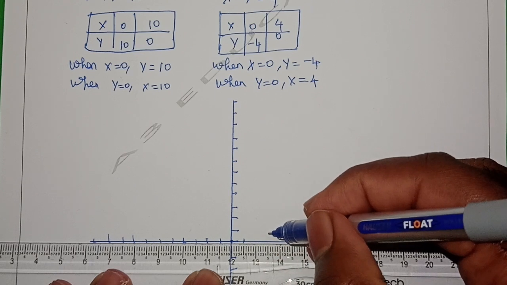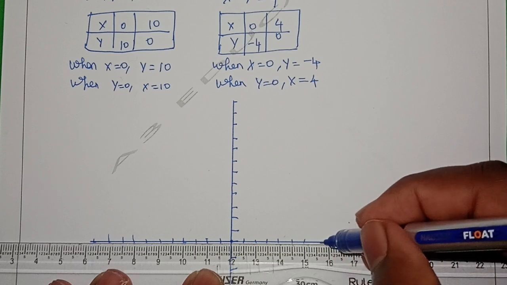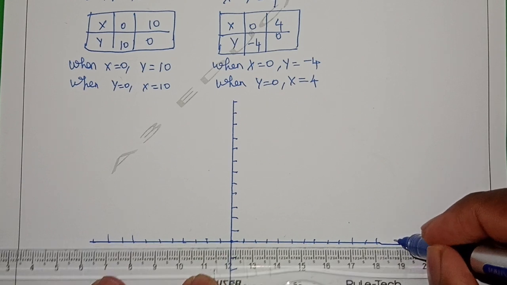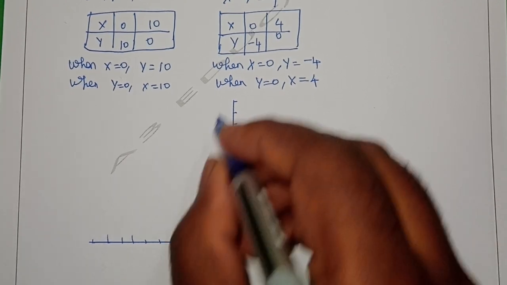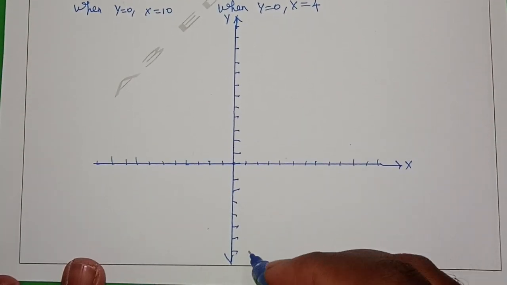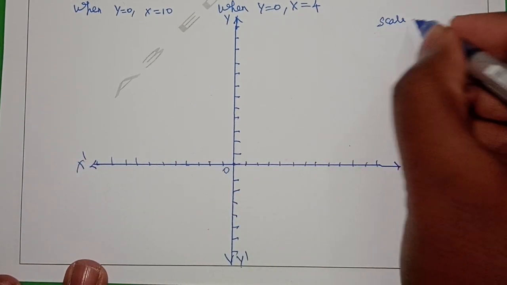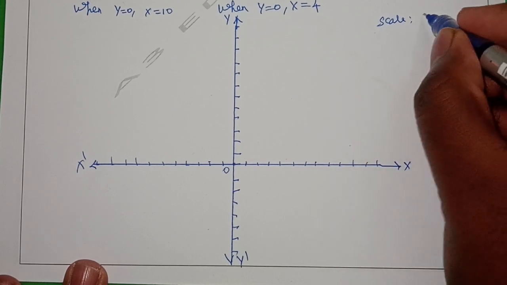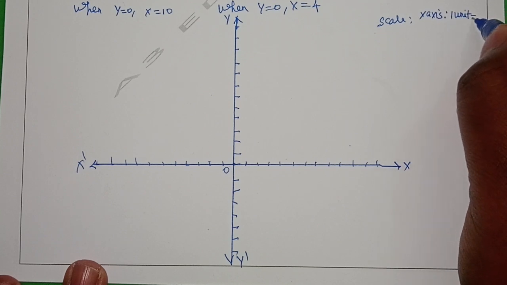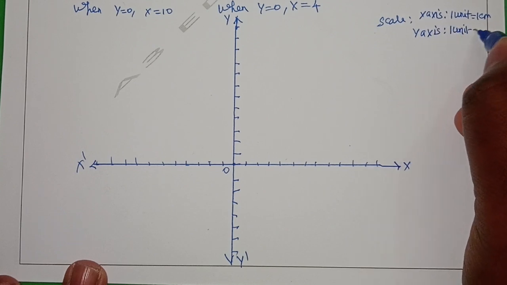In the positive x direction, we need 10. This is x, y, this is y dash, x dash. The scale is: x-axis 1 unit is equal to 1 centimeter, y-axis 1 unit is equal to 1 centimeter.